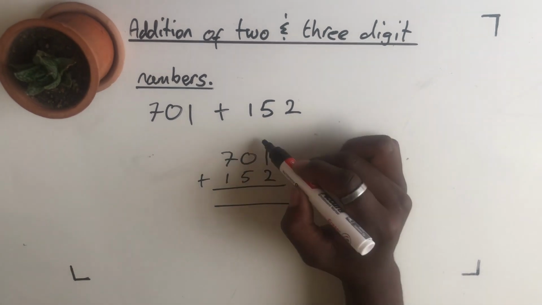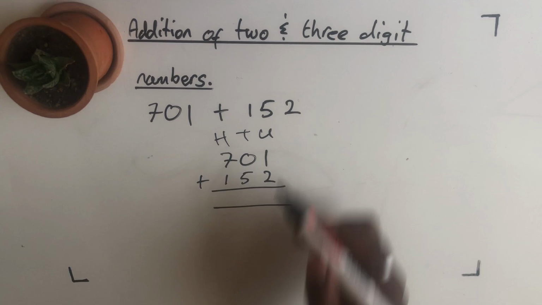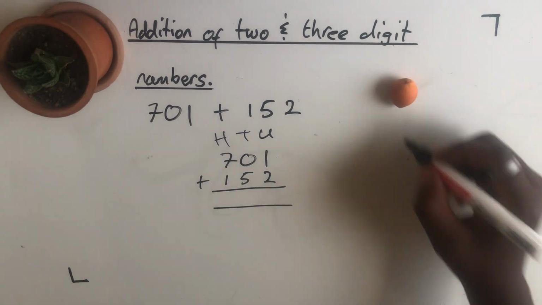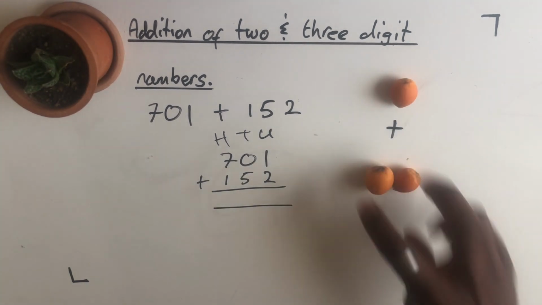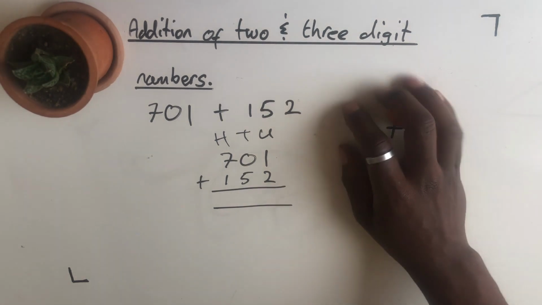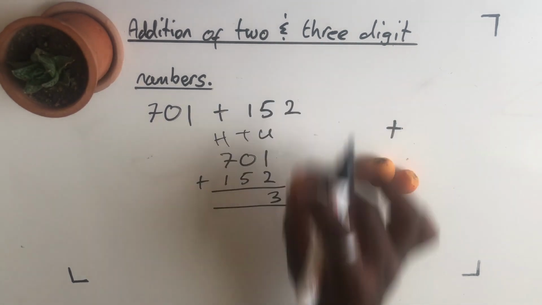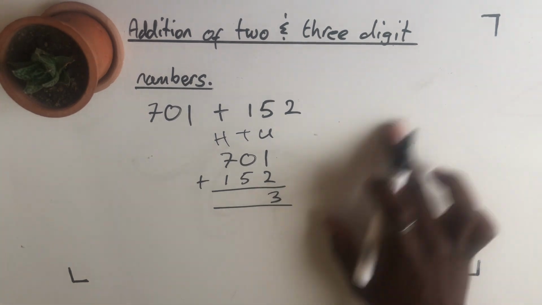And then of course label. And then for the units, that's 1 unit plus 2 units. That gives me a total of 3. So 1, 2, 3. All right? So that gives me 3.